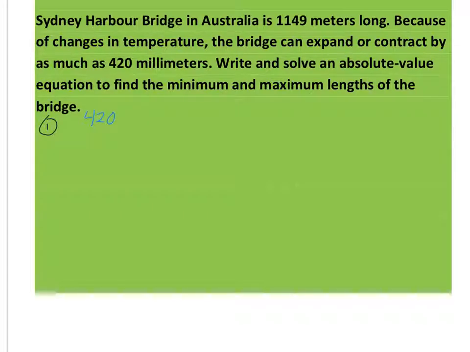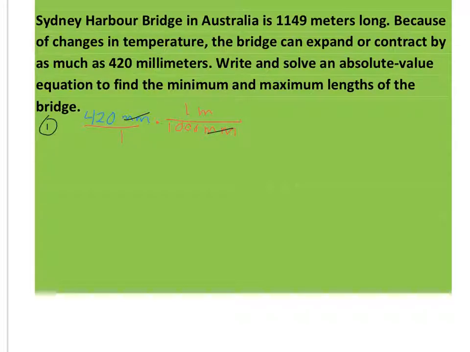So if this is millimeters and we want to convert it to meters, we're going to multiply that by 1,000 millimeters in the denominator and 1 meter in the numerator. So this is a conversion equivalency. I want to get rid of millimeters, so I'm putting them diagonal to each other. So technically, the 420 millimeters is over 1. So our millimeters are going to cancel, and we'll be left with meters.